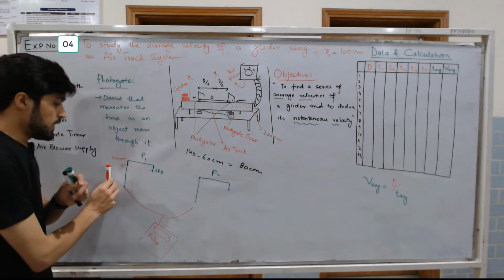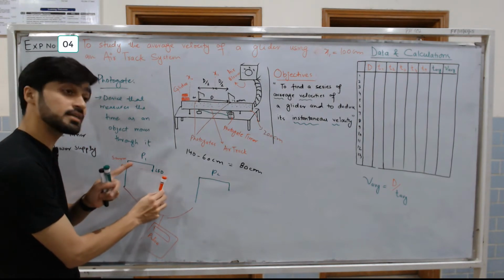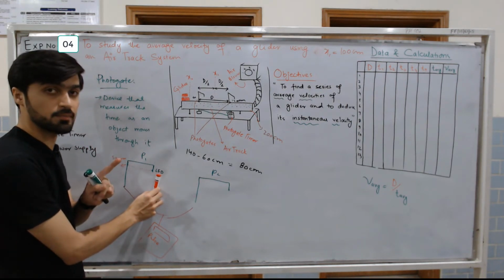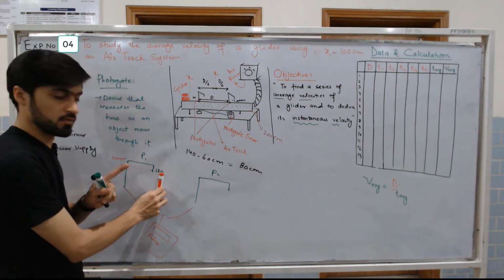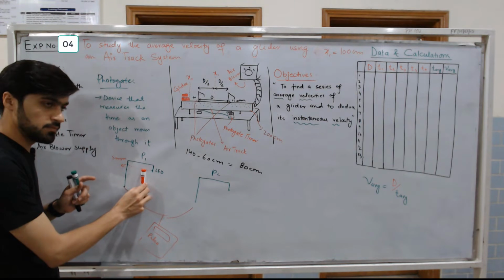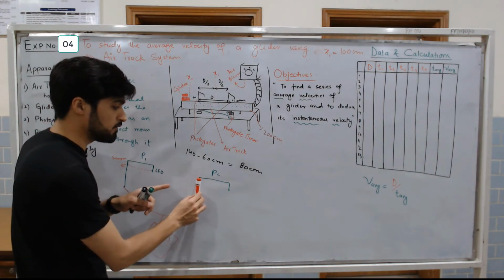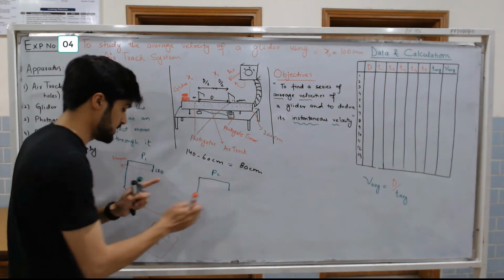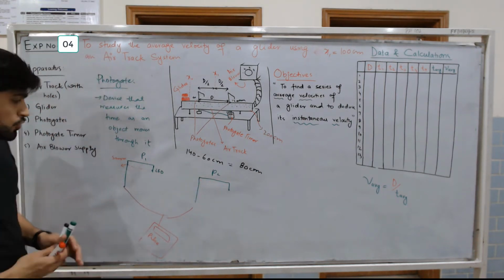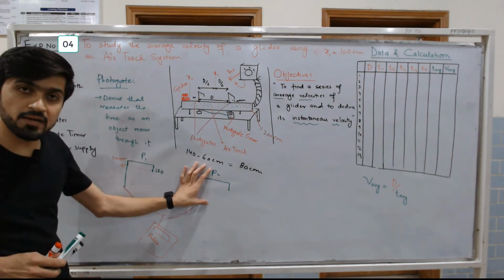As it unblocks, the timer will not go off. As it blocks the beam, the timer will start. And as it reaches the second photo gate and blocks the beam of the second photo gate and unblocks it, the timer will stop. So at the first photo gate, the timer starts, and at the second photo gate, the timer stops.